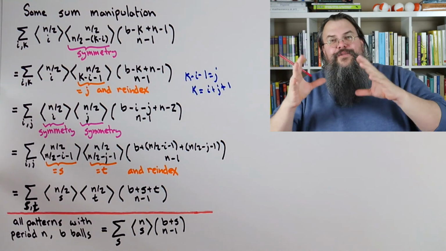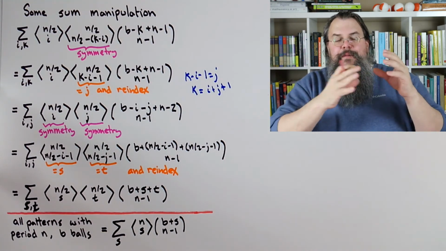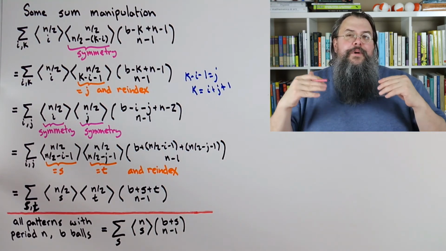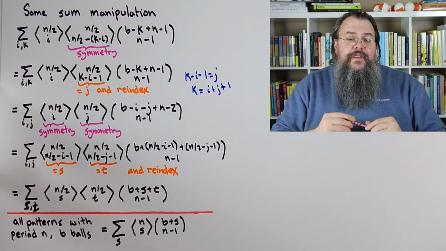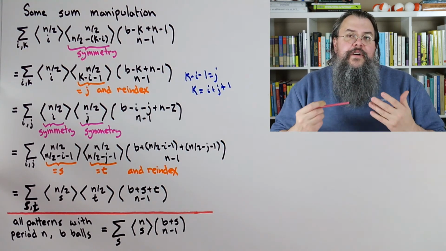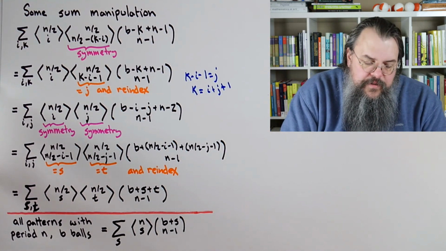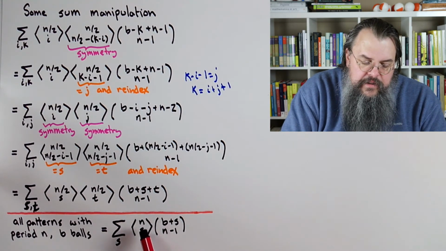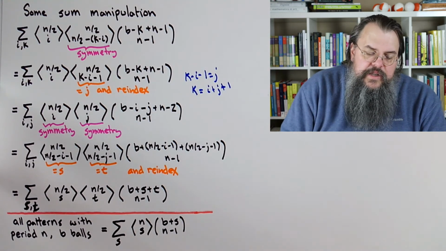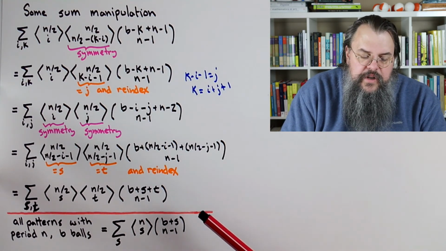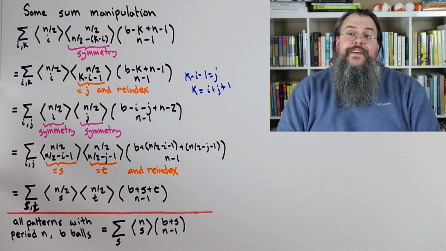We got down to this really cool thing, b plus 1 to the n minus b to the n. But if we hadn't been able to do that final step using Worpitzky's identity, one of the ways it could have been written is as the sum over s of the Eulerian number n s, times b plus s, and n minus 1. And I just love how similar these two expressions are.